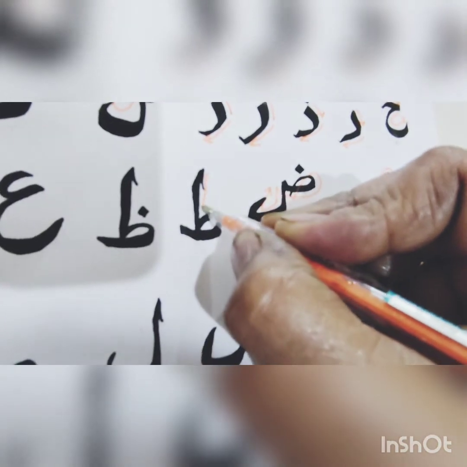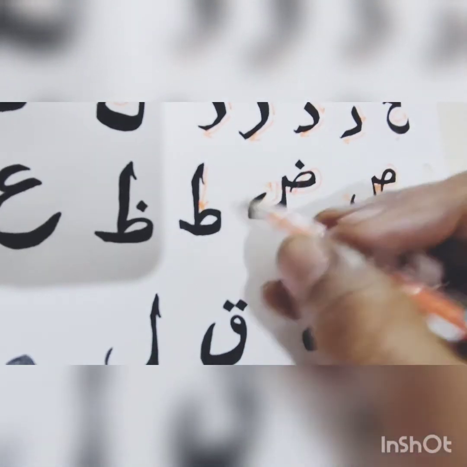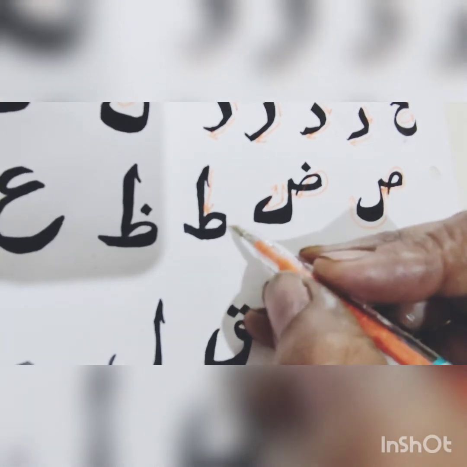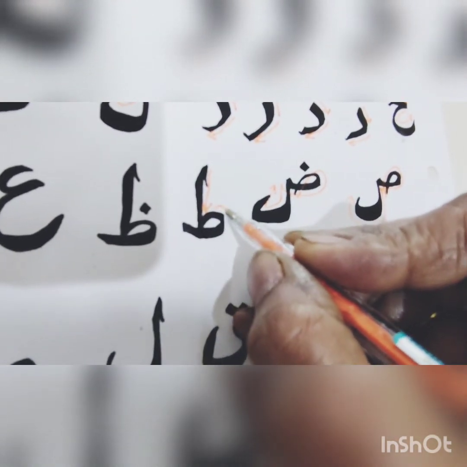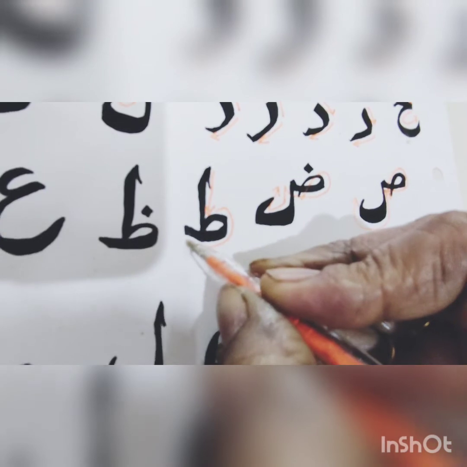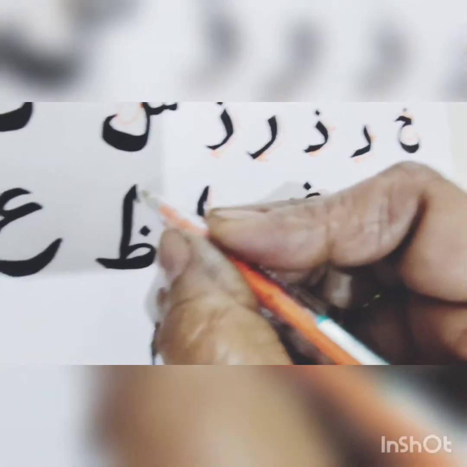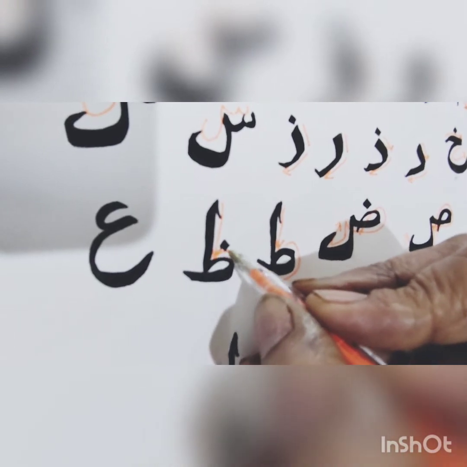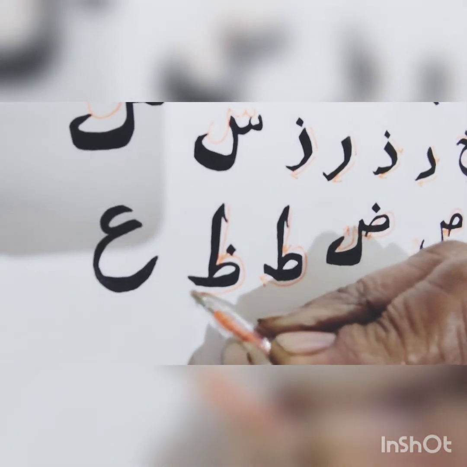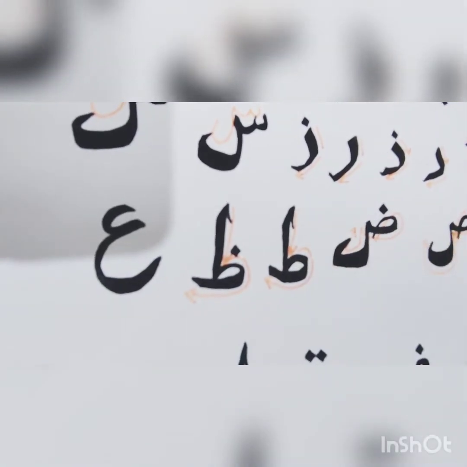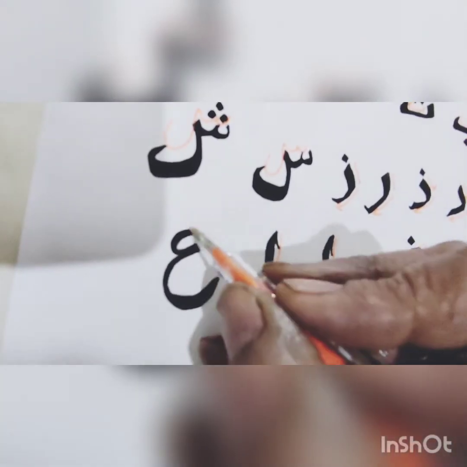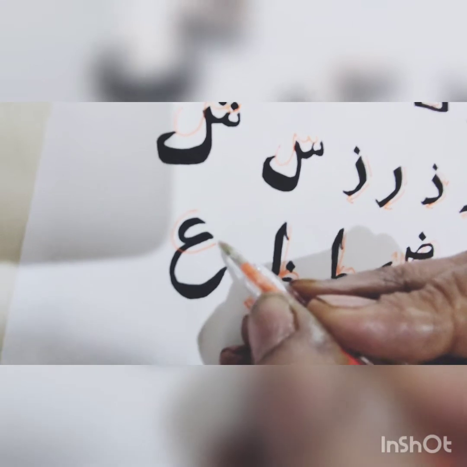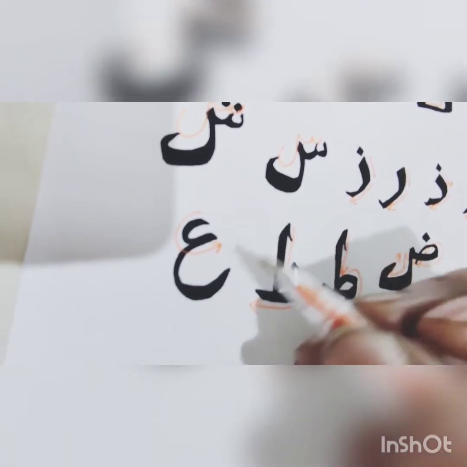Now this is To. And you bring it down. This is Zo, and here. And it's like this.